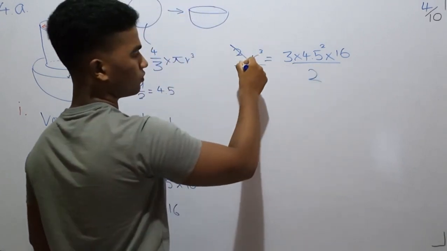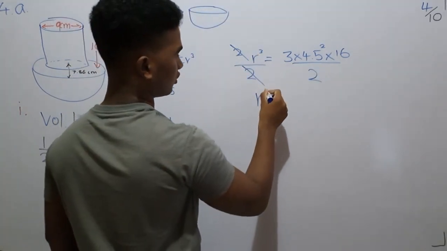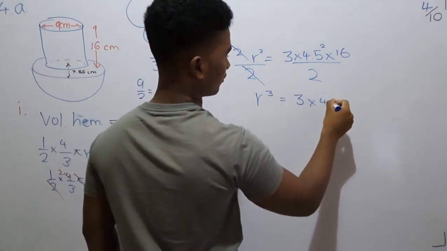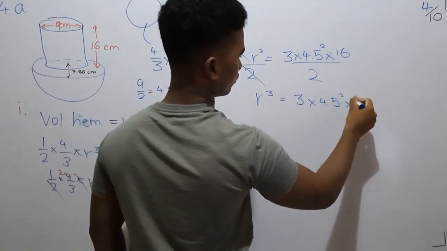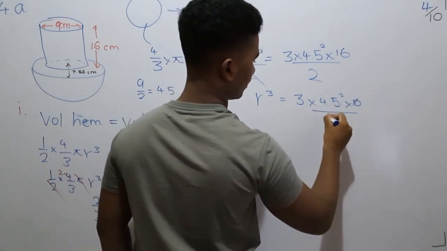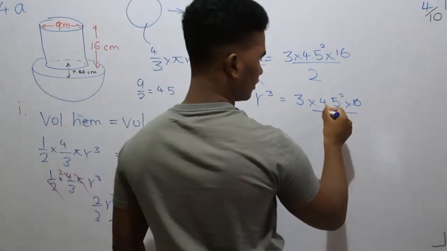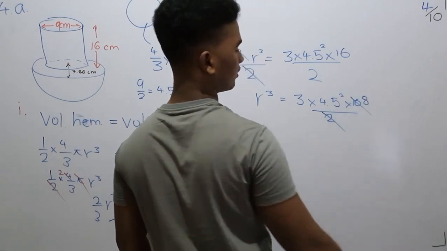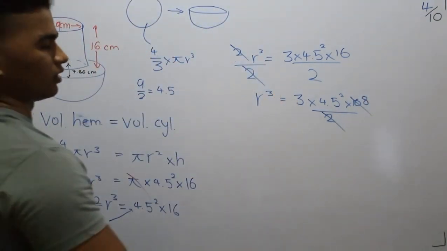So this 2 and 2 will get cancelled. R cube equals 3 into 4.5 square into 16 divided by 2. This 2 and this 16 will get cancelled, so 8 would be the answer.